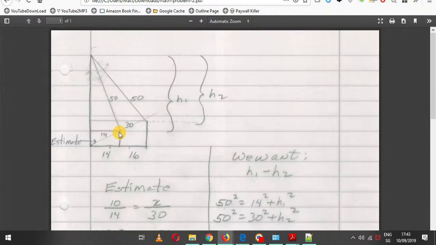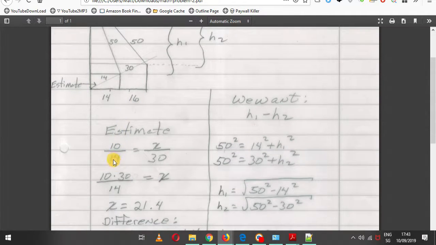You see now there's a problem, because if you take this wire and you hang it straight down, it's not going to come to the ground. It's going to be slightly off. So theoretically, this should not be a 10. It should be less than 10. So, a few feet less than 10. I don't know how much, but a few feet. So because this is a little bit too big, your estimate is going to be big.